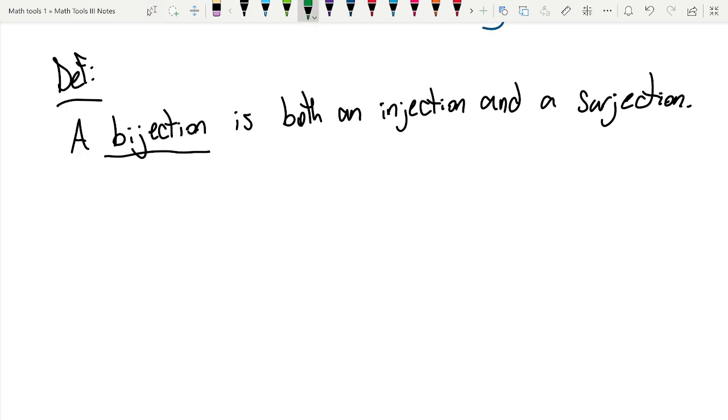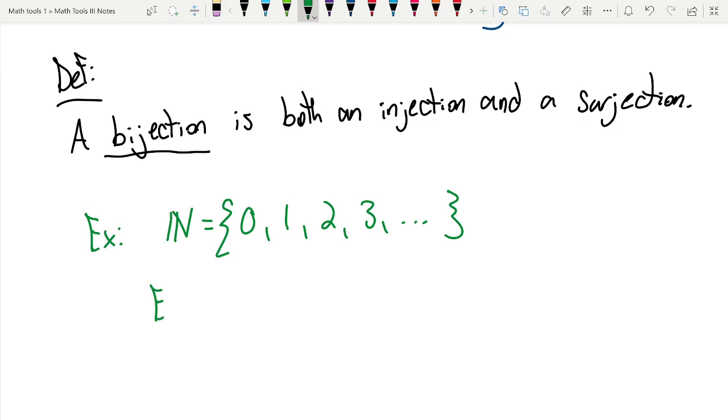So let's go back to that example I was using between the sets, where we have the natural numbers, which is 0, 1, 2, 3 to infinity. And then we have the evens. It might be called something like 2n, which represents multiplying all the natural numbers by 2.